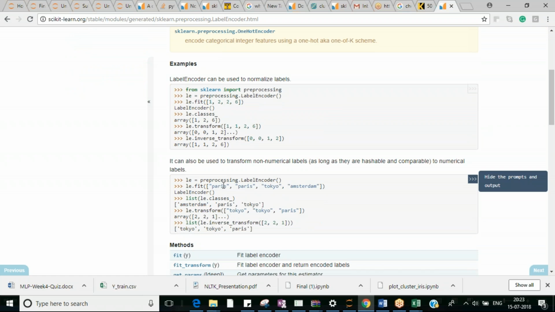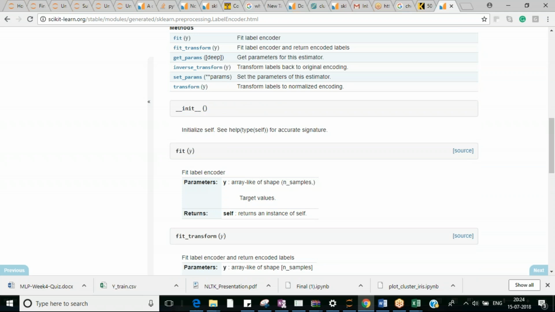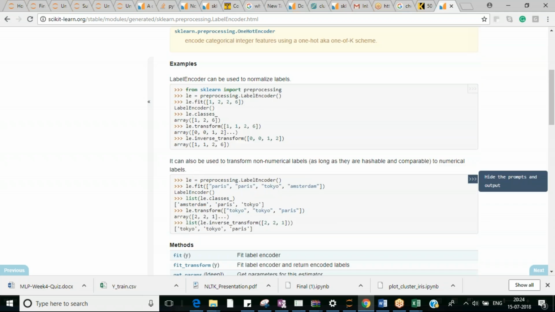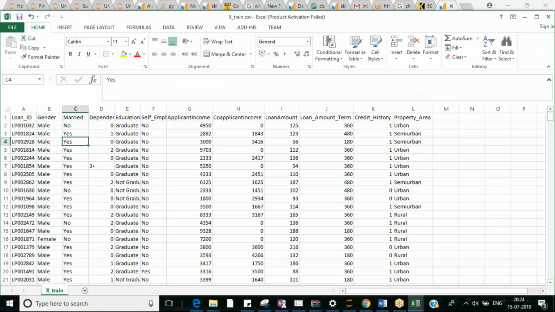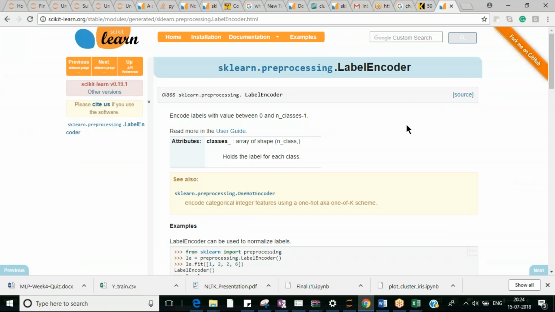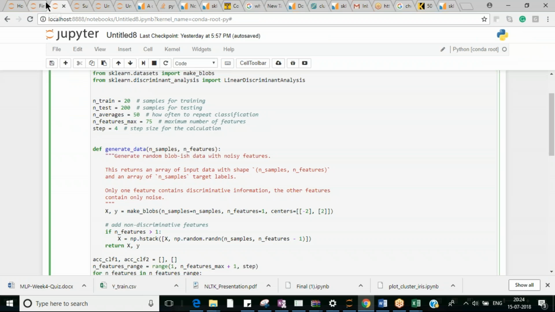It is converting, or rather transforming, the strings to a numerical variable. Basically, I want to understand on which basis it will give 1, 2, 3, 4. Randomly, whatever it sees first. It doesn't have any particular algorithm, it's more like a lookup table. Lookup table, yeah, correct, perfect. And it doesn't matter also, right? It doesn't matter.